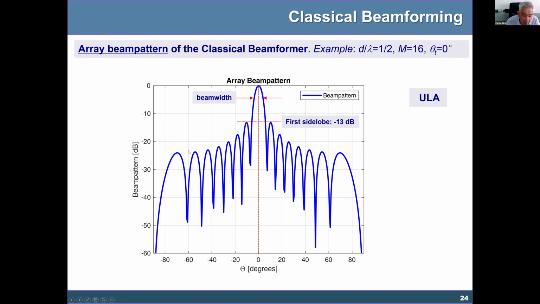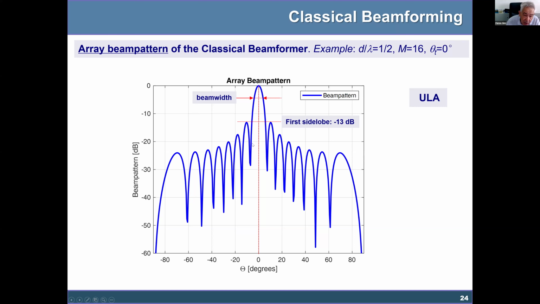So if you plot the beam pattern, and remember, when n goes to infinity, the estimate of the spatial power spectral density is proportional to the power beam pattern, it has a peak exactly at 0 degrees.